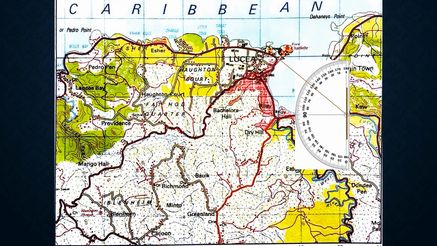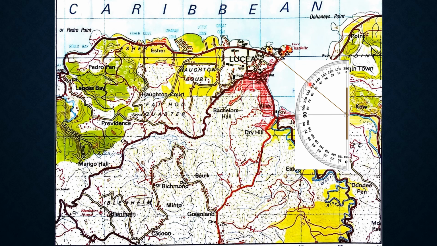Now when we look at that, that looks like 128. Yes, 128 degrees, that's the angle. So let's add 128 degrees to 180. So 128 added to 180.